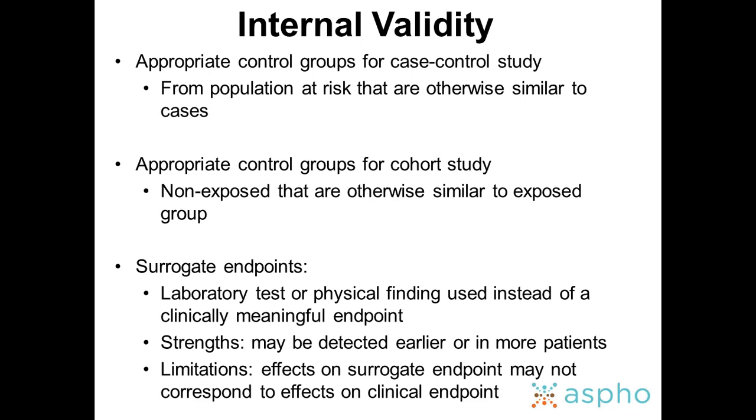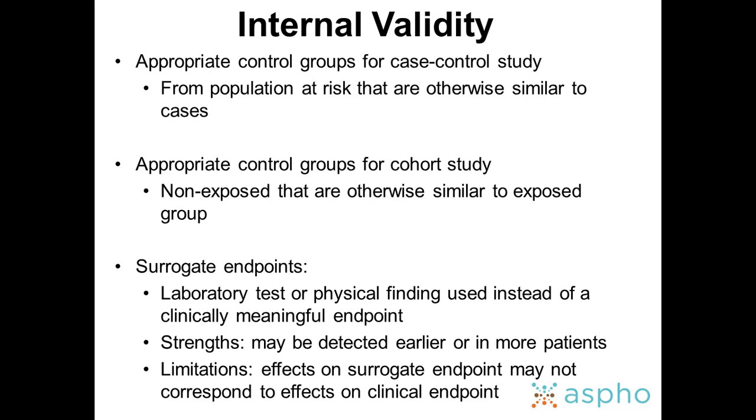So this section talks about the appropriate control group for case control studies, and we've already talked about selecting the right controls is a real source of bias in case control studies, and that you have to select controls from a population at risk that are otherwise similar to cases. Similarly, in cohort studies, your control group also must be from a group that is otherwise similar to your exposed group.